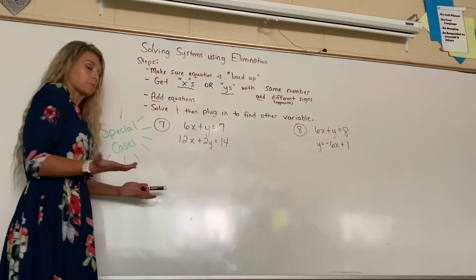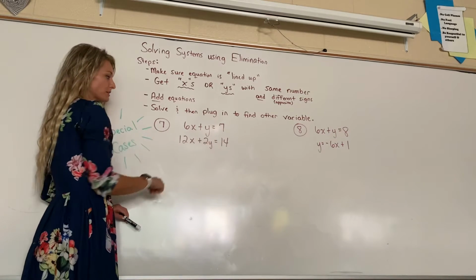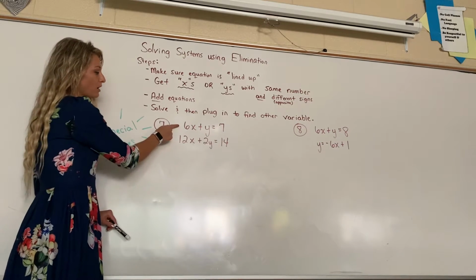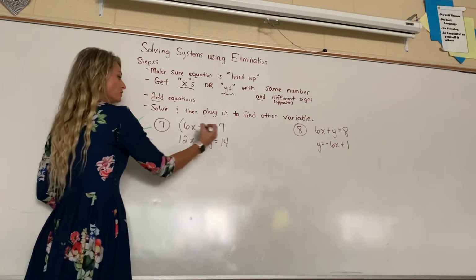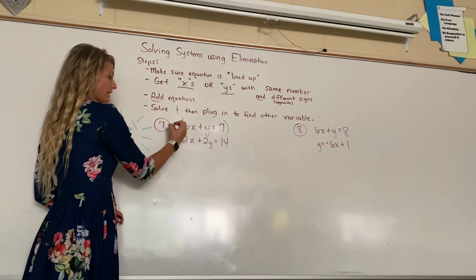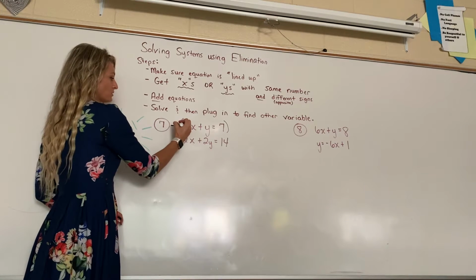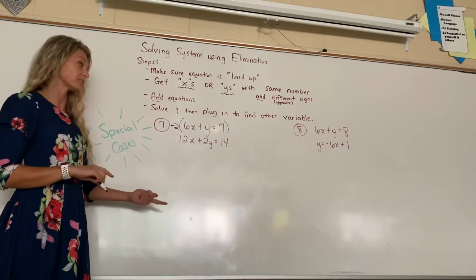So I'm going to multiply it by 2, but remember, you have to take it times the whole equation. But at the same time, you have to have them with different signs. So I'm going to take this one and multiply the whole thing by -2, okay? Because that'll make it have the same number with different signs.